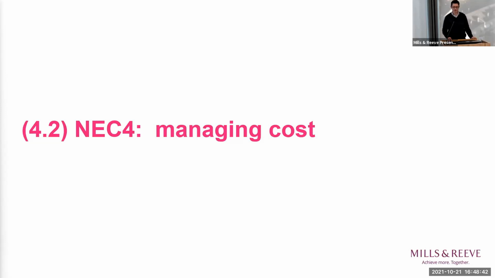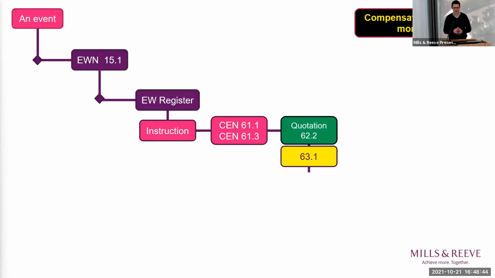So dealing with cost first, 63.1 is the clause that determines how the cost effect of a compensation event is assessed. And in our view, out of all of the clauses within the NEC form, this is probably the key mechanic to get right to ensure that you have a successful NEC4 project.